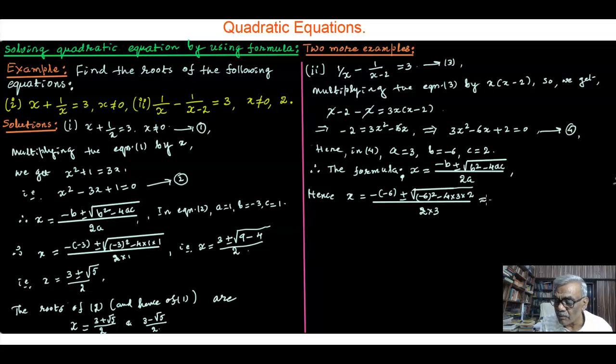This is going to be 6 plus or minus root of 36 minus 24 divided by 6.